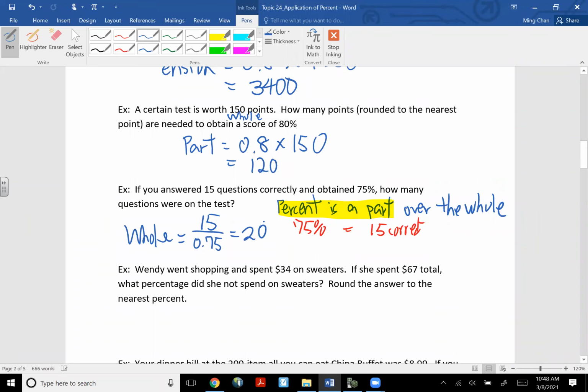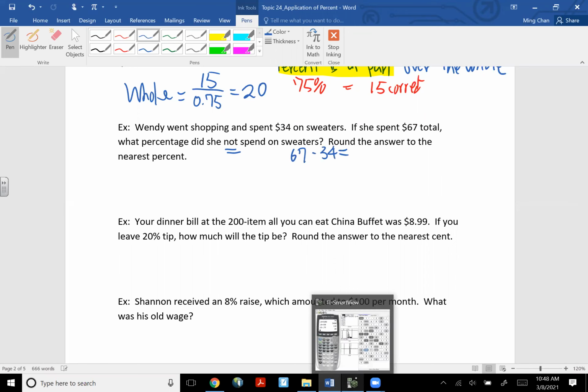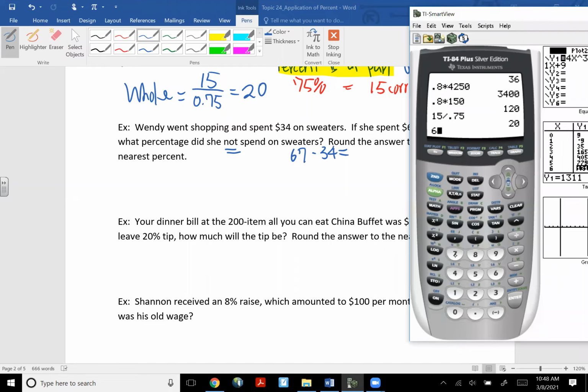Okay. Wendy went shopping, spent $34 on sweaters. If she spent $67 total, what percentage did she not spend on the sweater? So for this problem, we can just go ahead and subtract. $34 is part of the total spending. So if I subtract, then it will tell me how much money is not spent on the sweater, right?